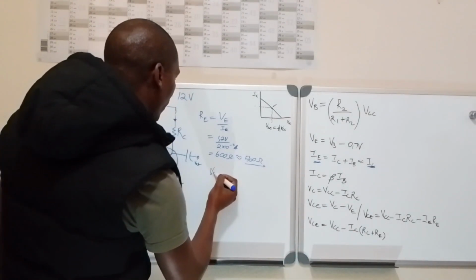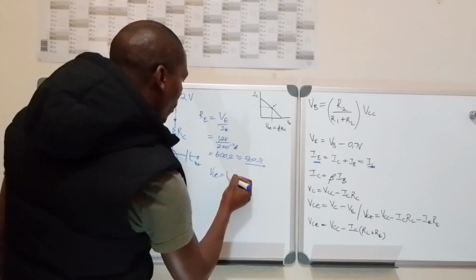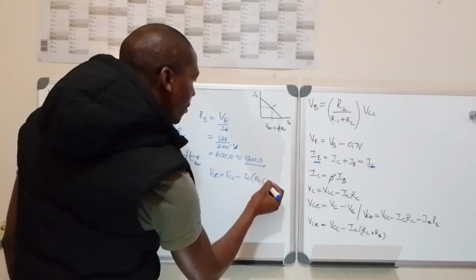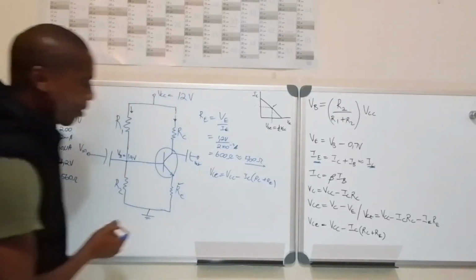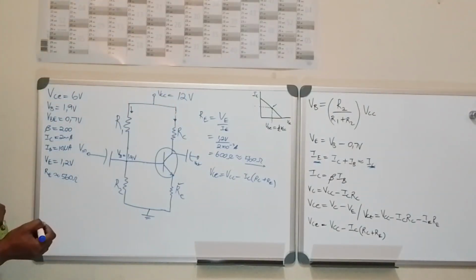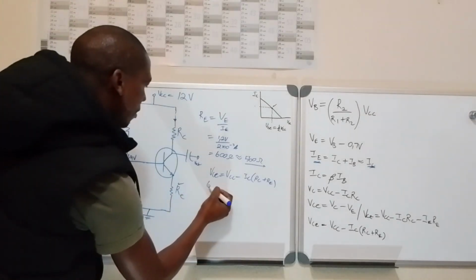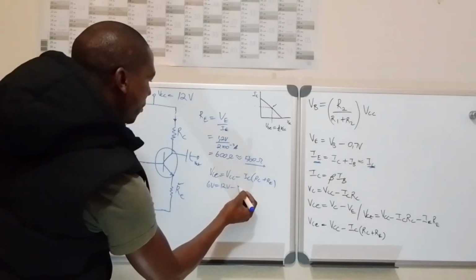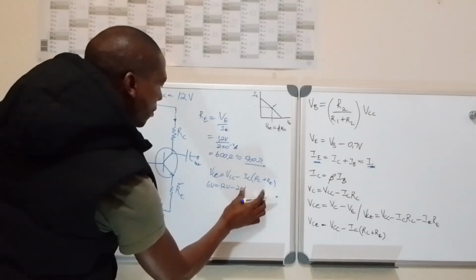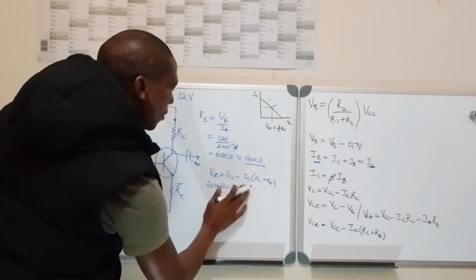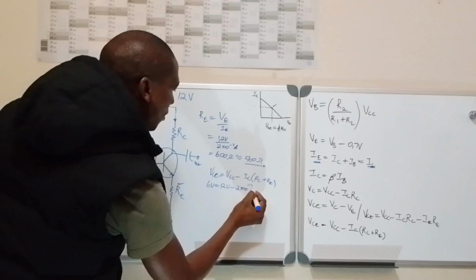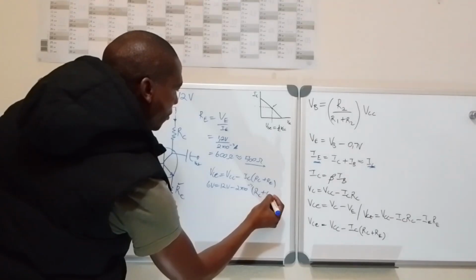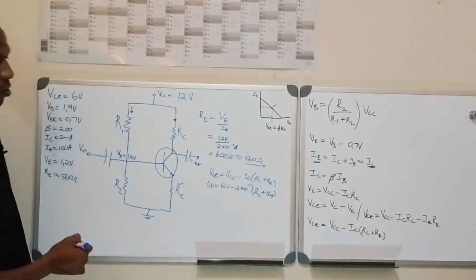Yes, VCE is equal to VCC minus IC times RC plus RE. VCC is 12. IC is 2 milliamps. RC is what we're looking for. RE is 560 ohms.